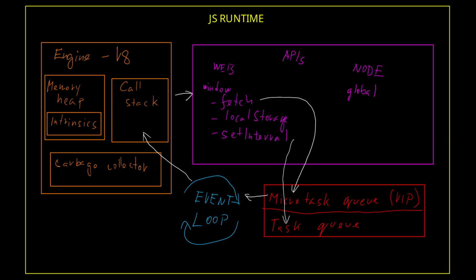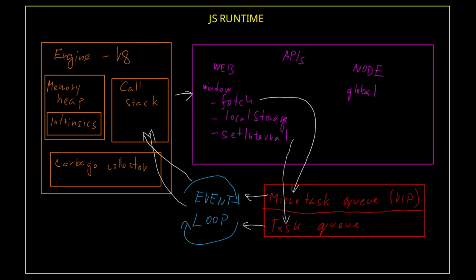When the microtask queue is empty and the call stack is empty, it looks at the task queue and puts its callback onto the call stack. And that is pretty much it.